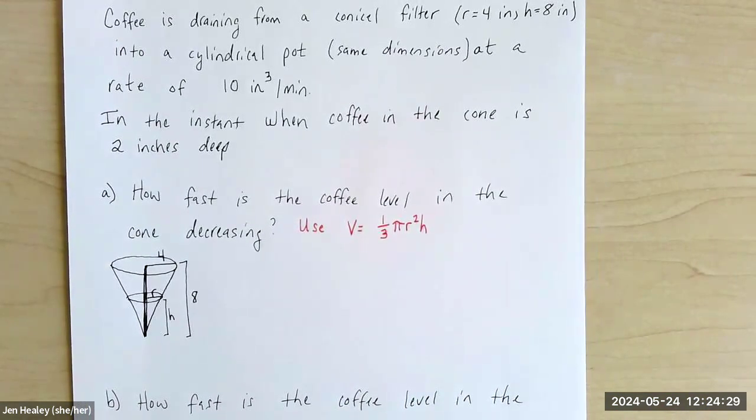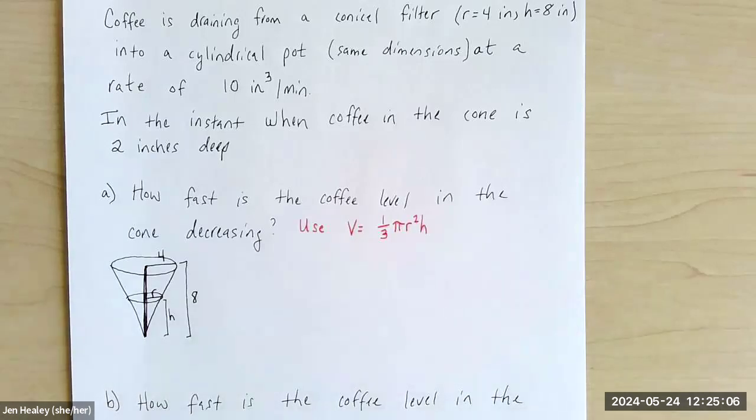Sorry, I'm getting it. I just was setting up the problem. I went ahead and put the formulas on there for the shapes. Oh, do we take the derivative of V? Okay. So one of the things we want to consider is they did give us a rate in the problem.